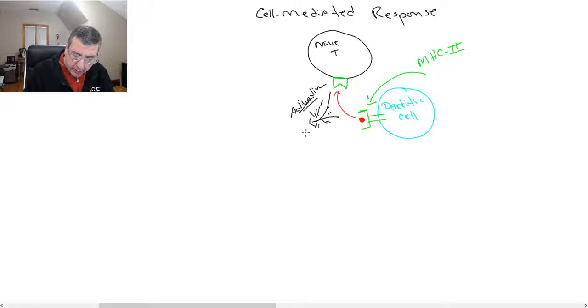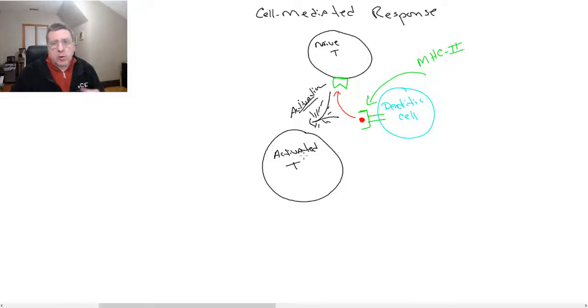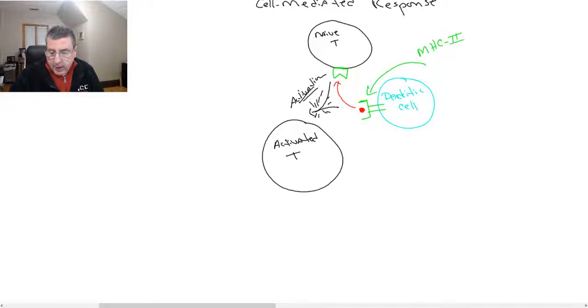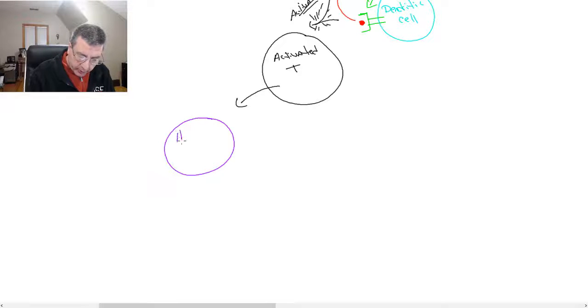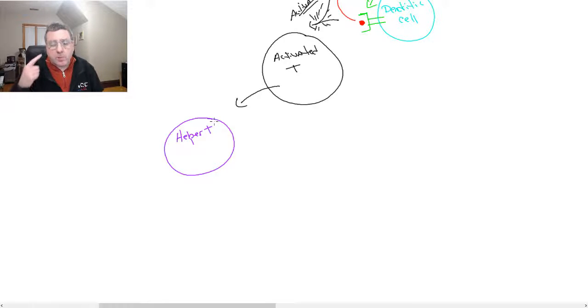And now we have, let me draw these a little bit bigger, an activated T cell. What the activated T cell can do is differentiate, or change, into different types of cells. One of which is a helper T cell.